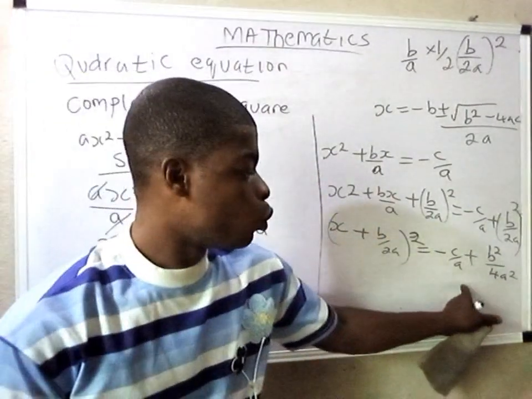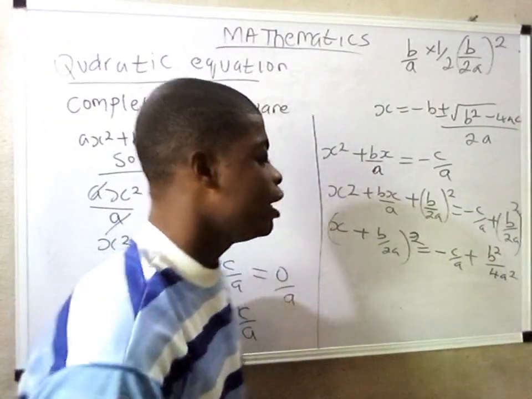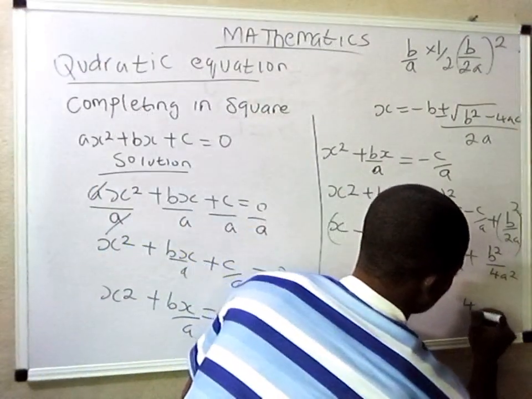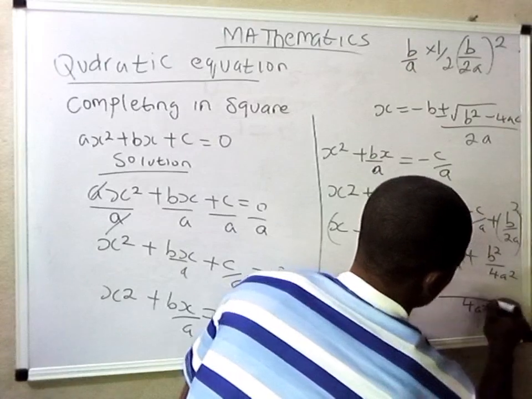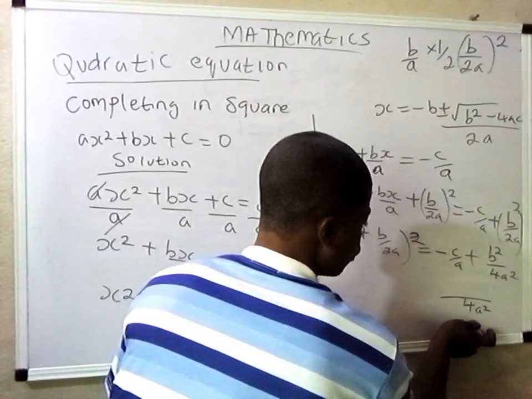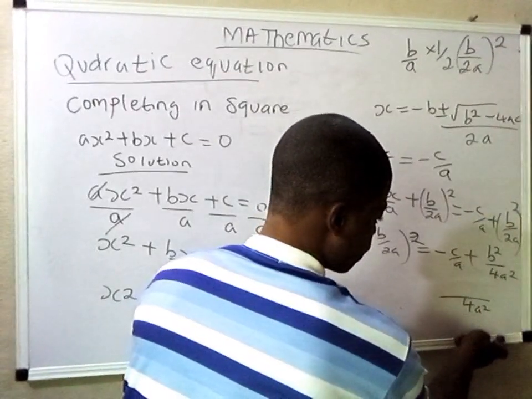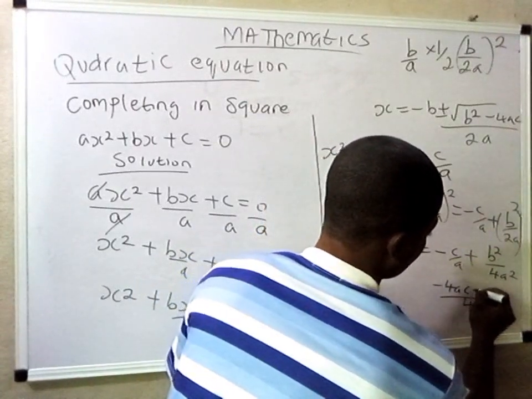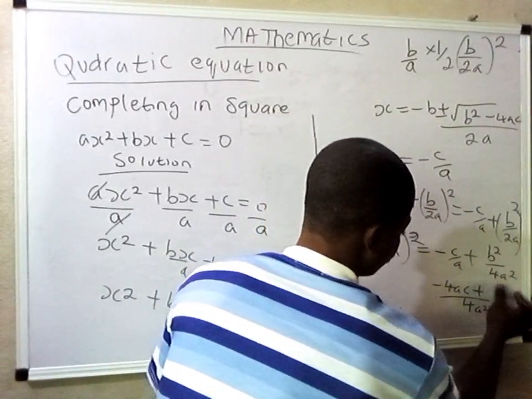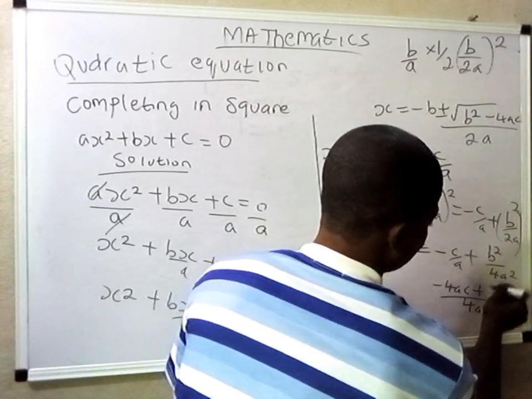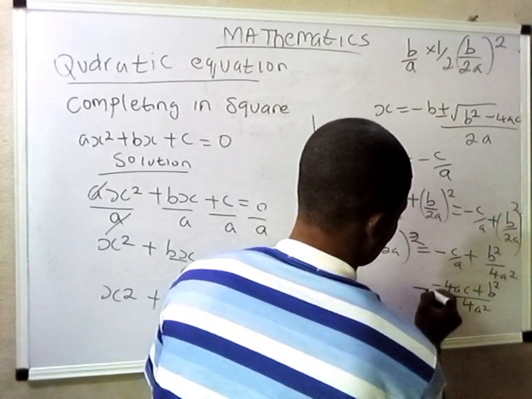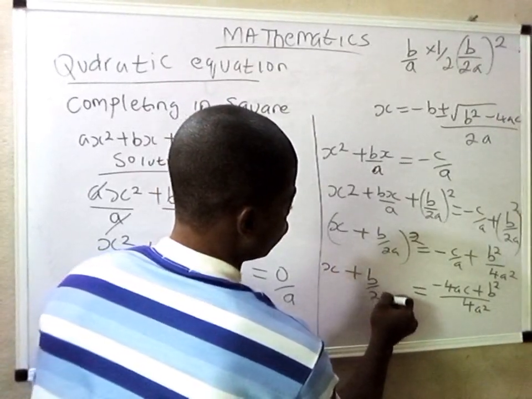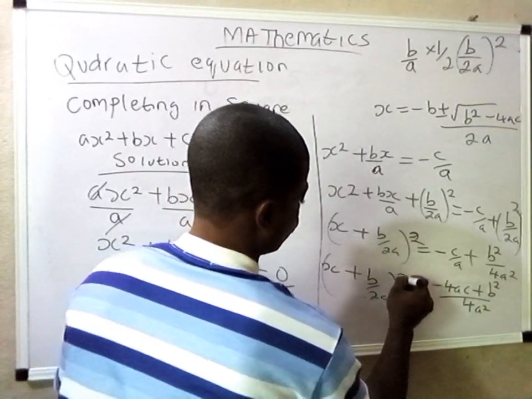In this case, we look for the LCM. The LCM is 4a squared. So 4a squared over a gives 4a, times c is minus 4ac, plus b squared, which equals x plus b over 2a all squared.